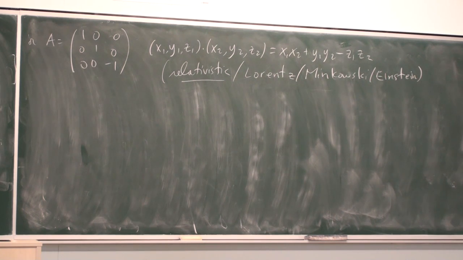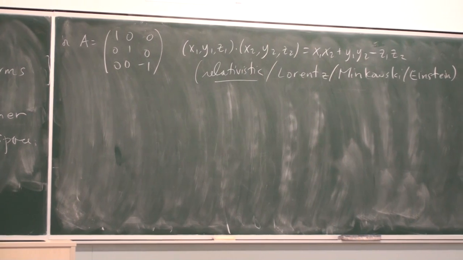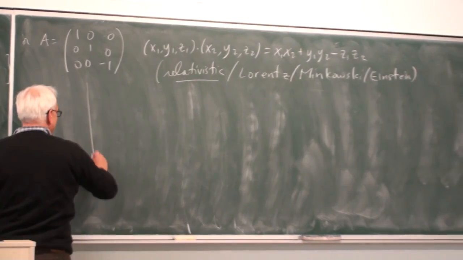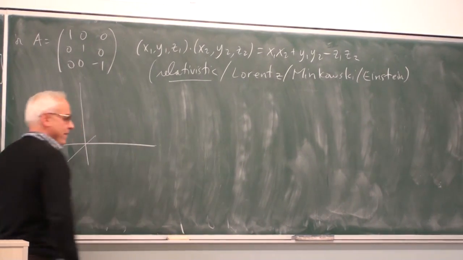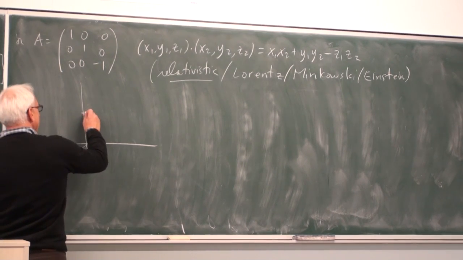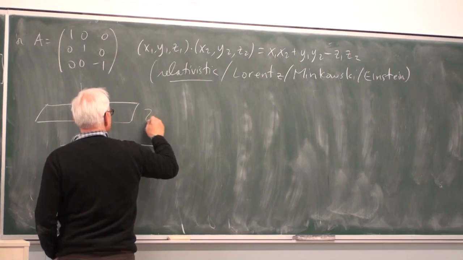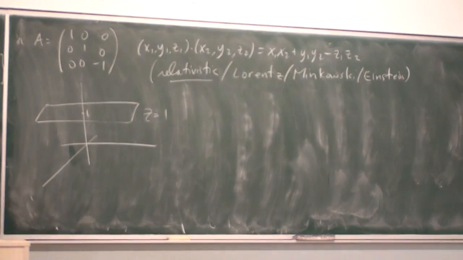All right, but this is an inner product on the 3-dimensional space. How do we convert that into something on our projective plane? So here's our usual picture again, our z equals 1 plane.